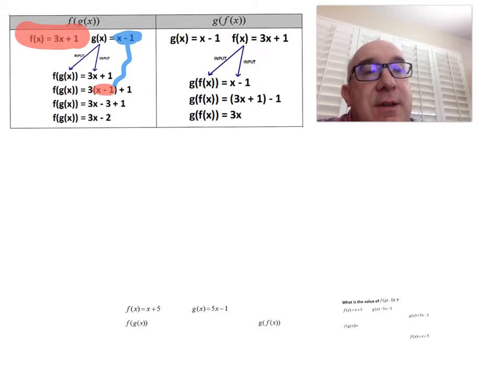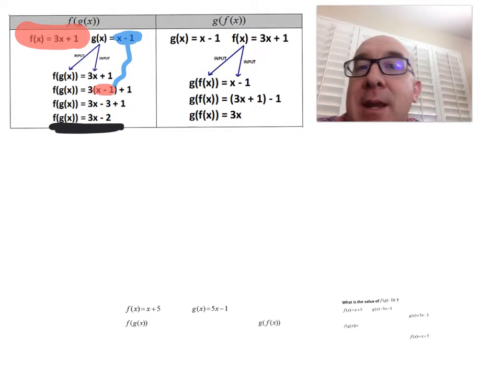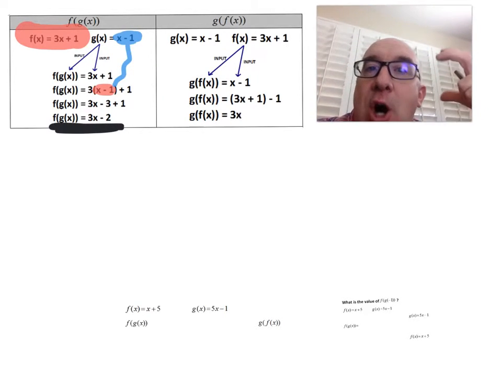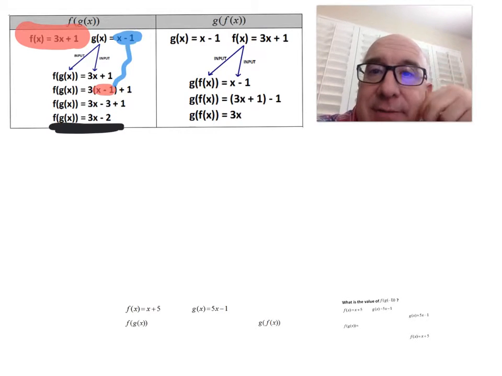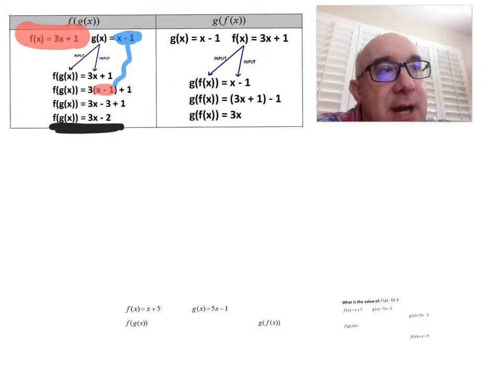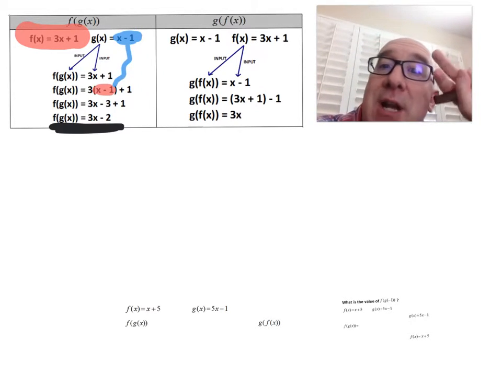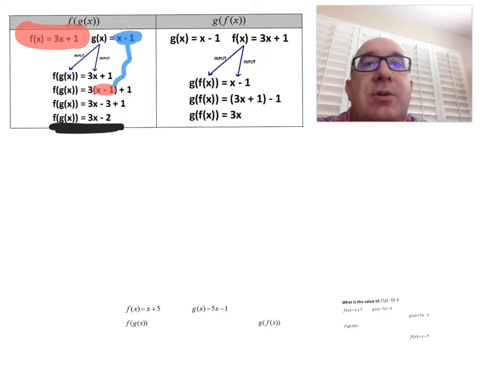And so the final item here, this thing right here, is actually the composite of those two functions. If you look at the other one beside it, it is the same two functions, but you're changing the order of who's going into who.